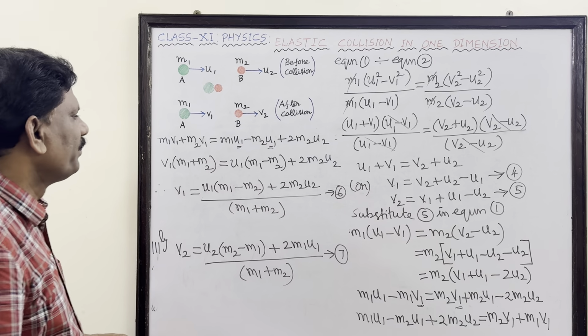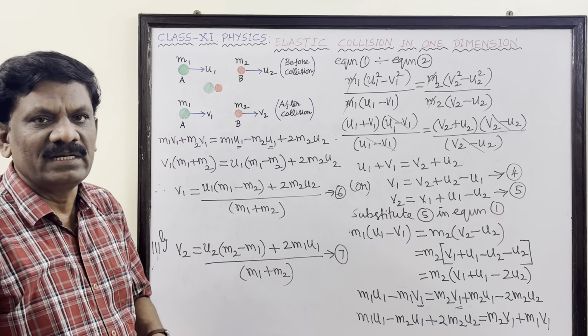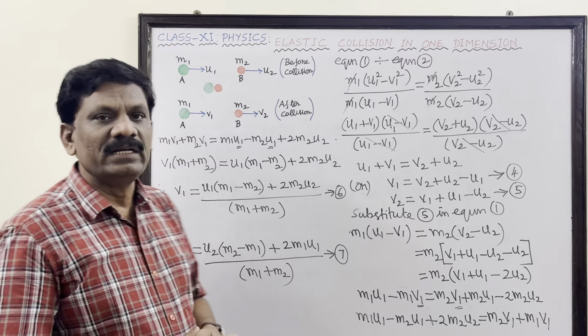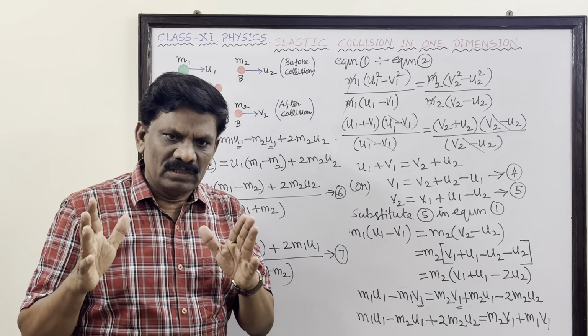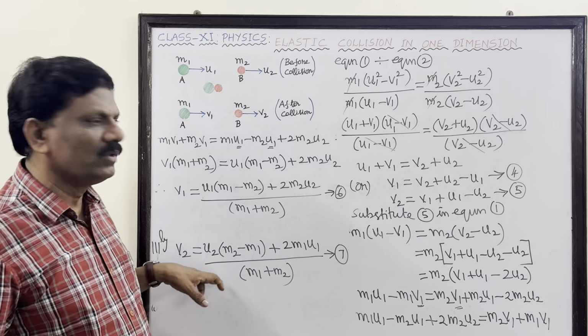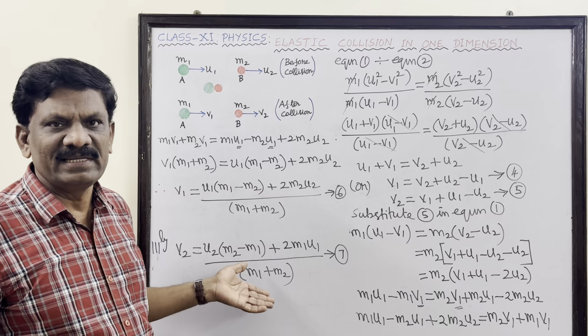These two equations are very much required for solving problems in our textbook exercise and also in the IIT JEE and NEET exams. So my dear students, this is how to derive the equations for v1 and v2 in terms of u1 and u2 in addition to the masses m1 and m2.